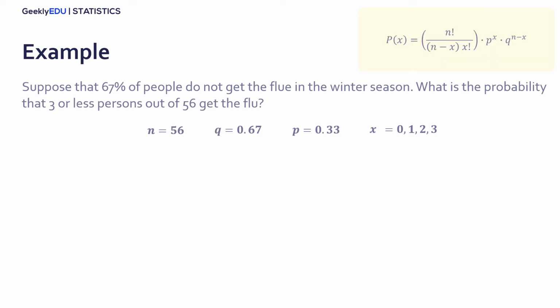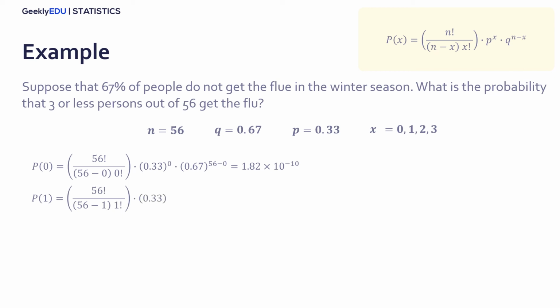Following the same procedure as we did in the first example, we calculate the probability when x is equal to 0, substituting in the binomial probability formula and doing the same for 1, 2, and 3.